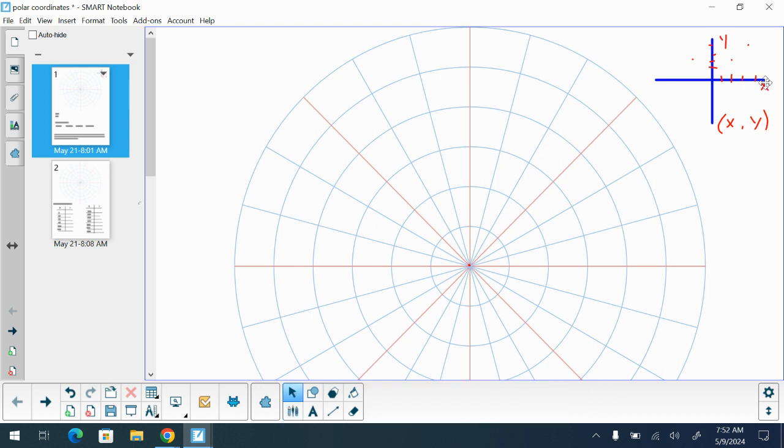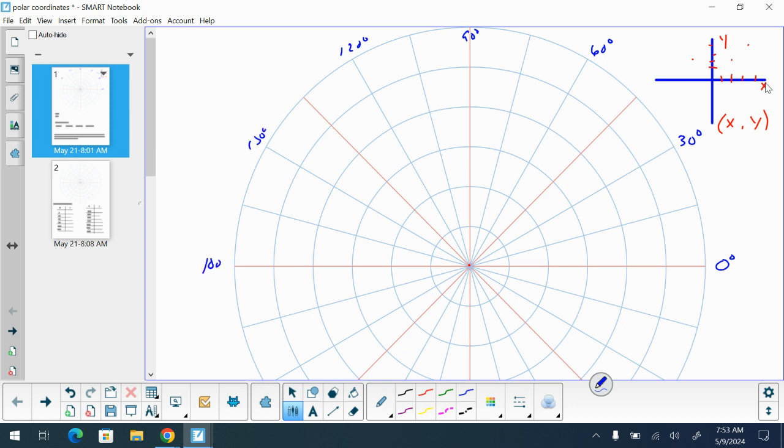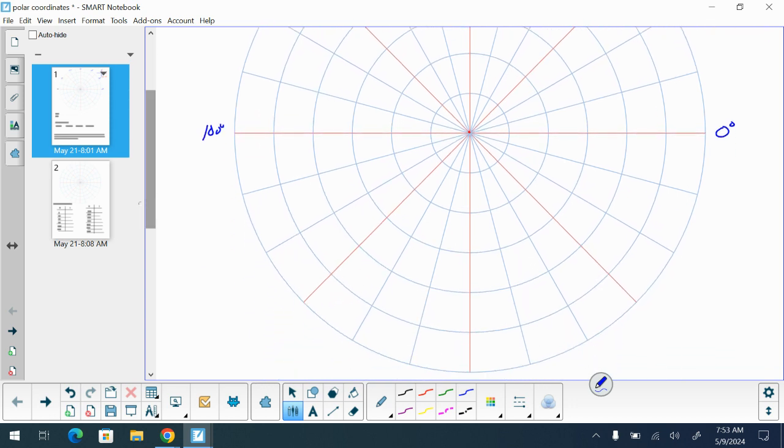These lines we label with our degree measures, and these are spaced out every 15. So I could go 15, 30, 45, 60, 75, 90. Let's see, 120, 150, 180 degrees. This is an east reference rotation, something that we are used to.